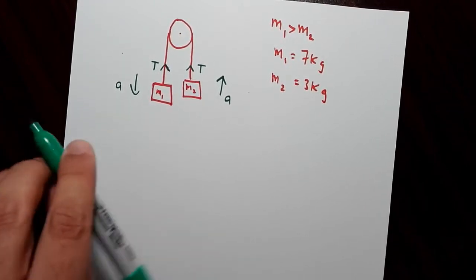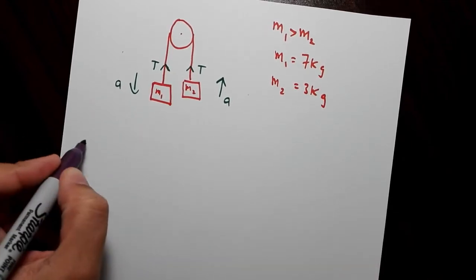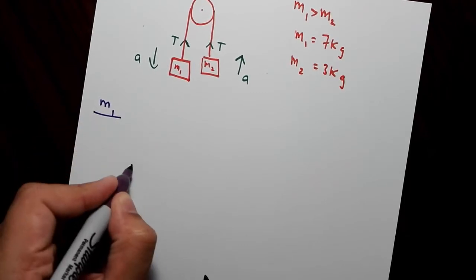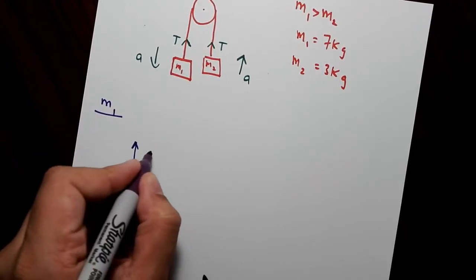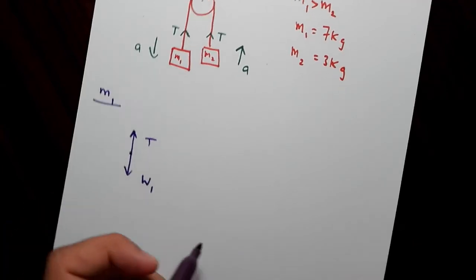So let's draw the free body diagram of this mass M1 first. For M1 the free body diagram has vertical forces only: tension in the upward direction and W1 in the downward direction.